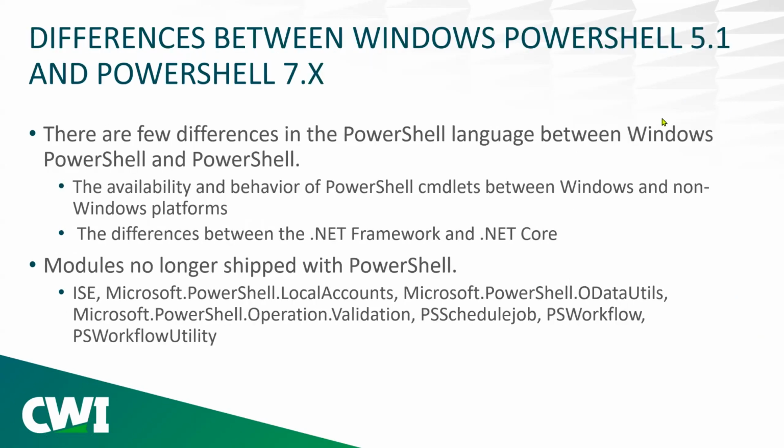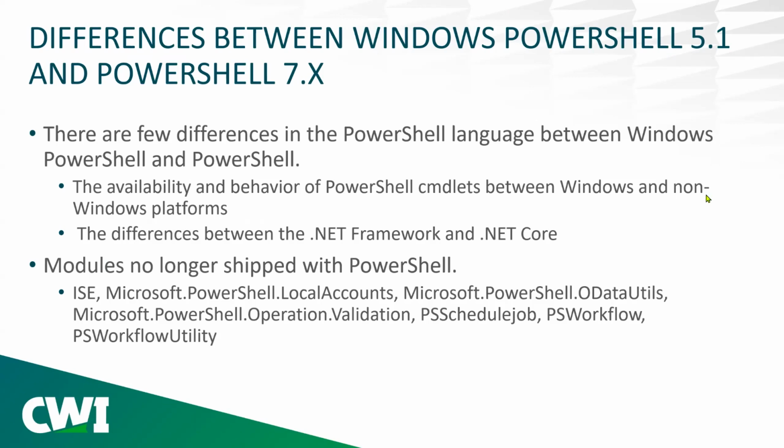So what are the differences between Windows PowerShell 5 and 7? There are a few differences in the language between Windows PowerShell and regular PowerShell. The availability and behavior of PowerShell cmdlets between Windows and non-Windows platforms is different, and there is a difference between the .NET Framework and .NET Core.